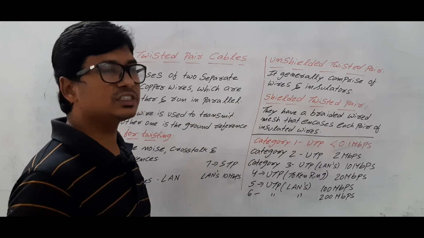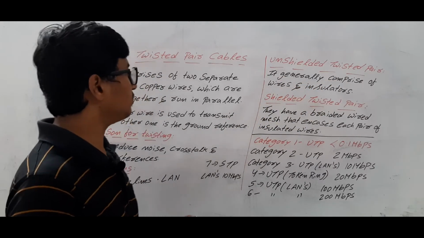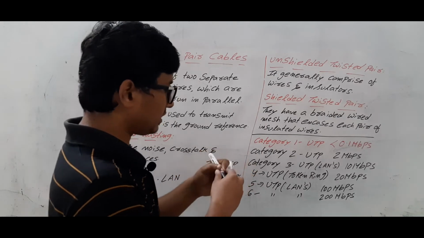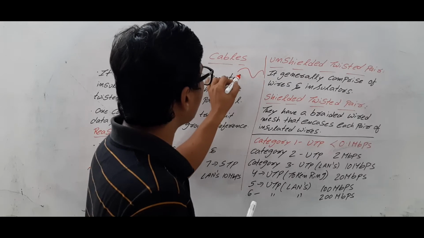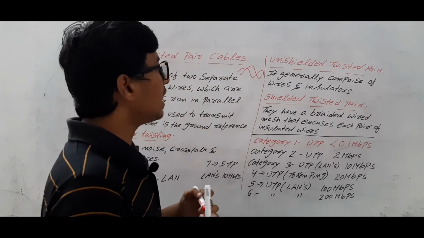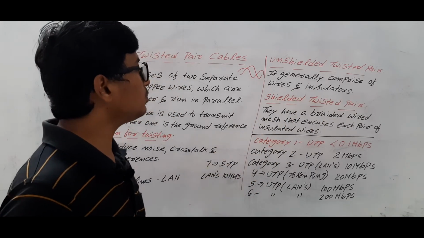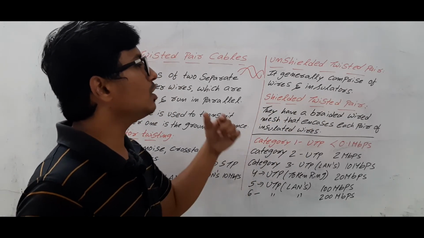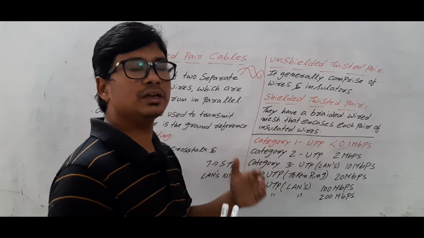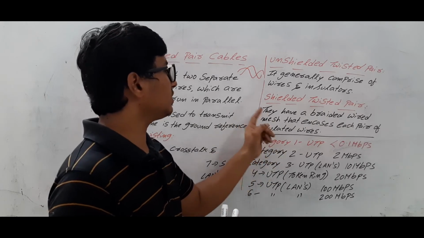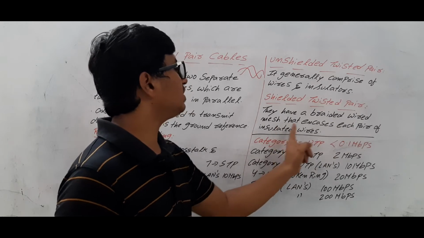The unshielded twisted pair cable generally comprises wires and insulators. Let me draw the diagram here. I hope you will understand. So these are the copper wires and they will be twisted, and you will have the copper wires and the insulators. Whereas in the shielded twisted pair cable, we will have a wire mesh. We add an extra braided wire mesh that encloses each pair of insulated wires.